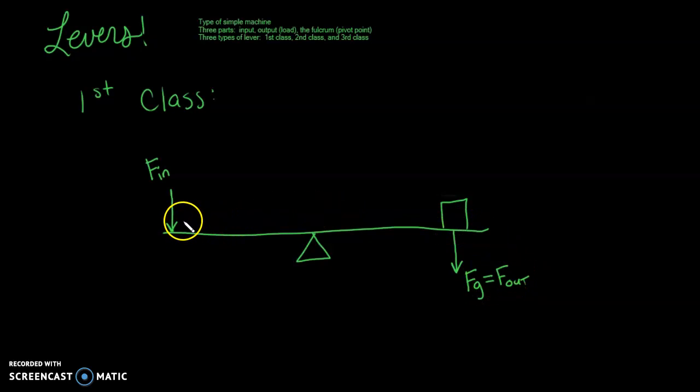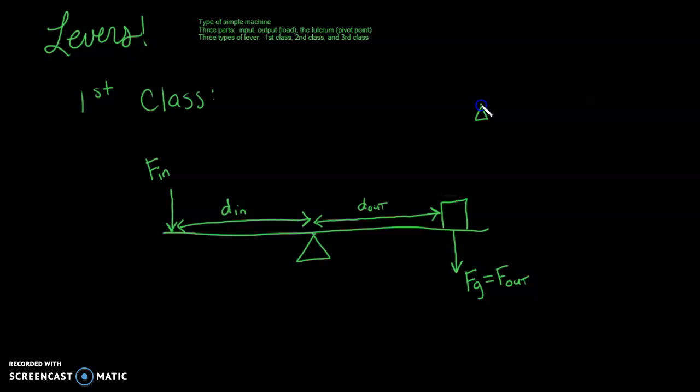The other factor we have is our distance. So our input distance is the distance from the fulcrum to the point where we are applying the force. And our output distance is the distance from the fulcrum to the point where our load is located on our lever.